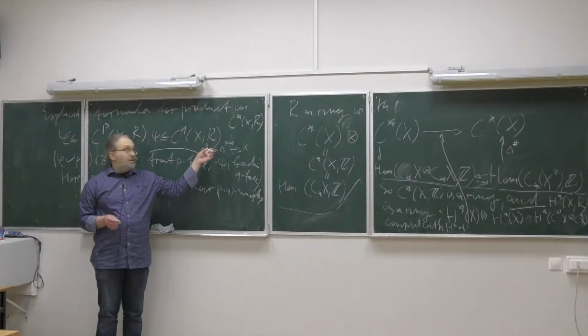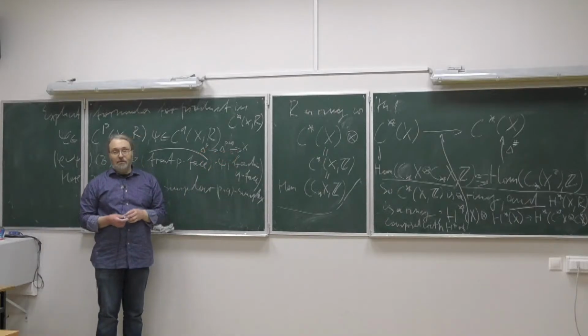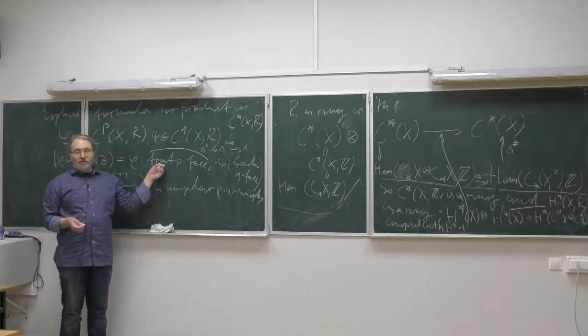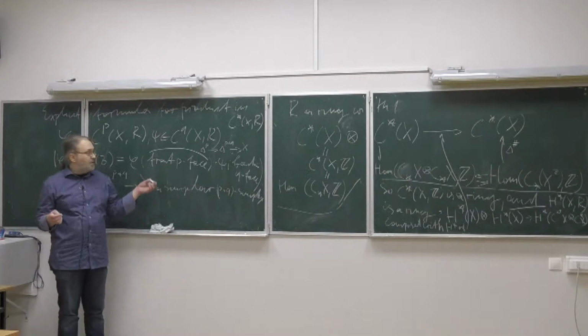Alice, does this arrow make sense? Well, the second arrow is given. It's sigma. So now we understand what this thing is. It's a singular p simplex.